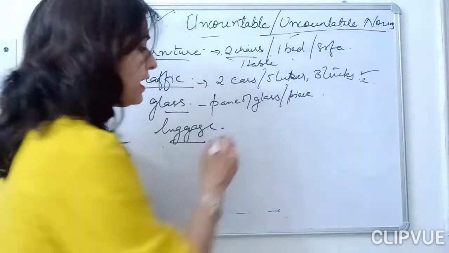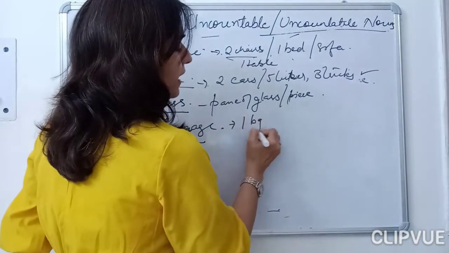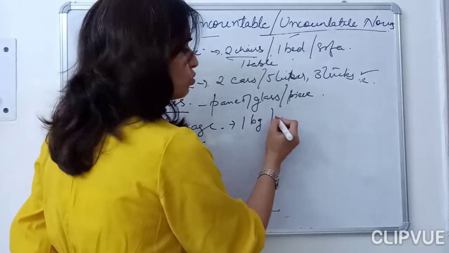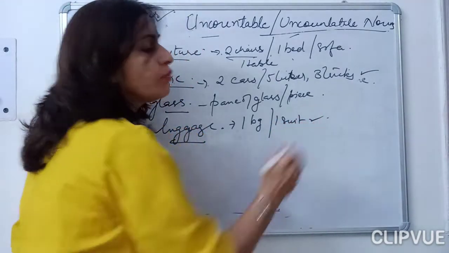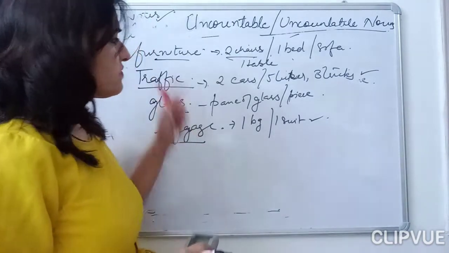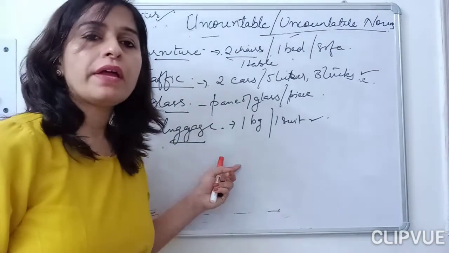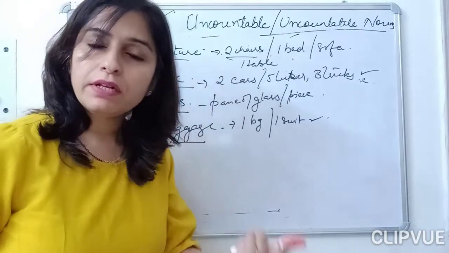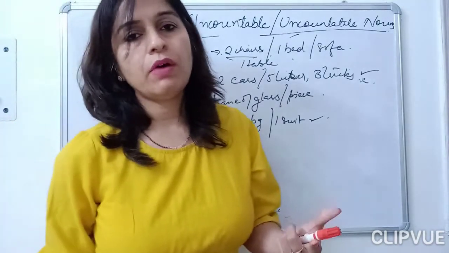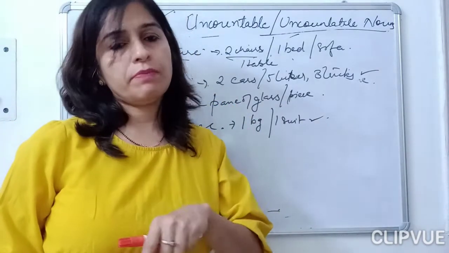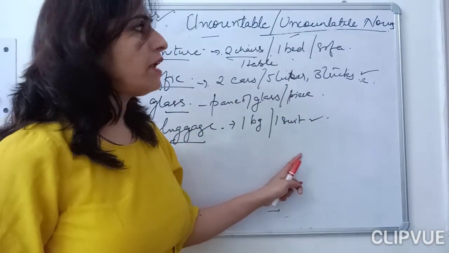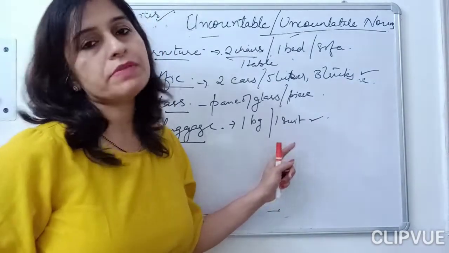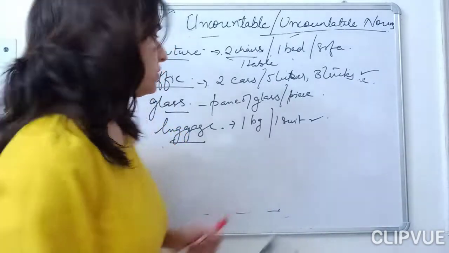But when I say I have 1 bag and 1 suitcase, it becomes my countable nouns. So in this way, there are many such nouns, children, which appear uncountable, but when you give them a specific number or parameters, they become countable nouns.